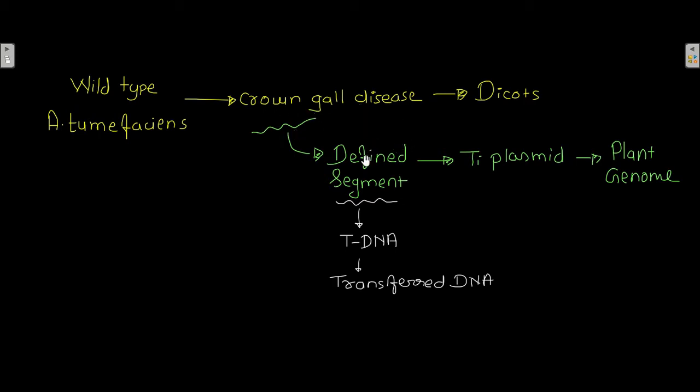It happens when a defined segment of the Ti plasmid is integrated into the plant genome, and that defined segment is known as tDNA, the transferred DNA. So when the tDNA of the Ti plasmid of A. tumefaciens is transferred and integrated into the plant genome, that causes crown gall disease, primarily in dicots.